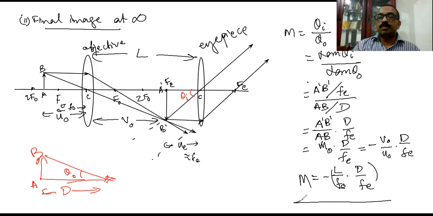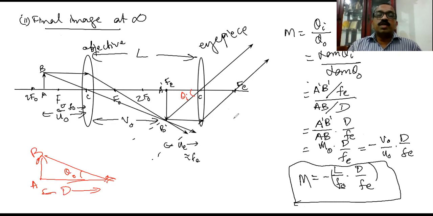This is the expression for the magnifying power of compound microscope when the final image is formed at infinity. So in conclusion, let me take it as a whole. We are now finishing the discussion of microscope.